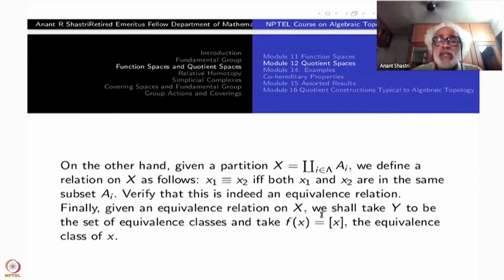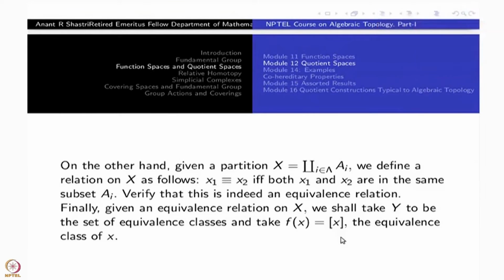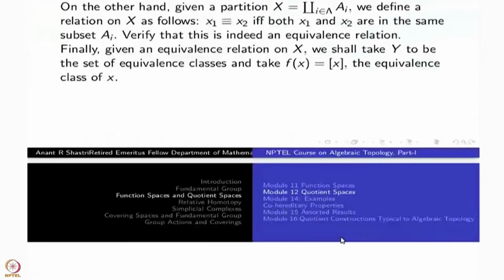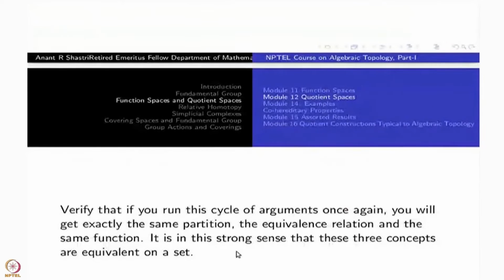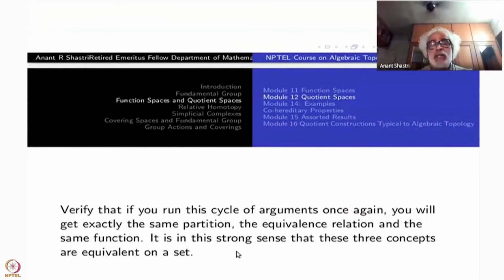Finally, giving an equivalence relation, we can take Y to be the set of equivalence classes and define F of x equal to the equivalence class of x. Verify that if you run this cycle of arguments again, wherever you started from, you come back to the same point, the same concept.